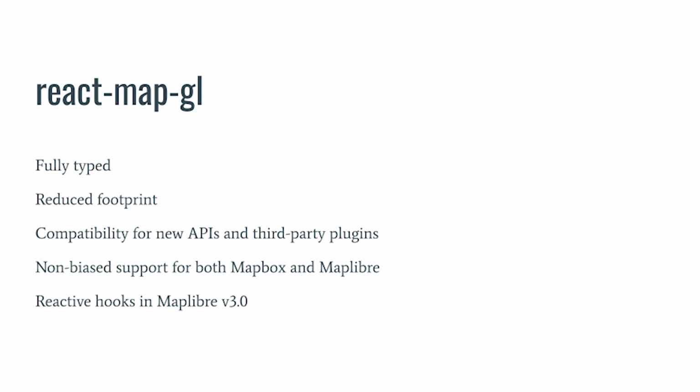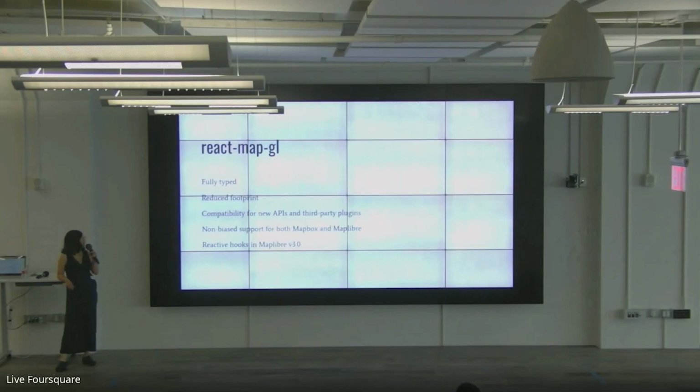It doesn't try to remap any of the APIs. It allows you to have more direct access to what new options or methods the base map library exposes. And this allows us to be compatible with a lot more third-party plugins without extra work.